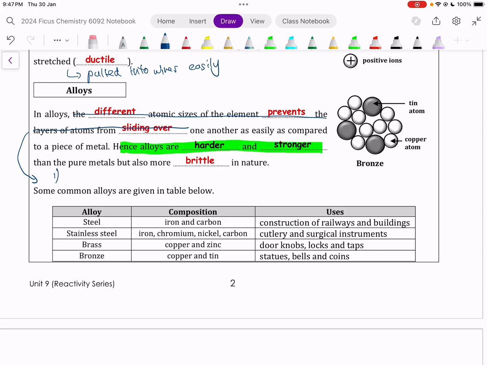Point number 1: let's say for example you look at bronze, the added atoms, say your tin, the added atoms. I must change this one. This is important, because sometimes when I ask you about alloys, you've got to explain it in this way. The way in your notes is not quite correct, so I need to change it a little bit. The added atoms are of a different size.